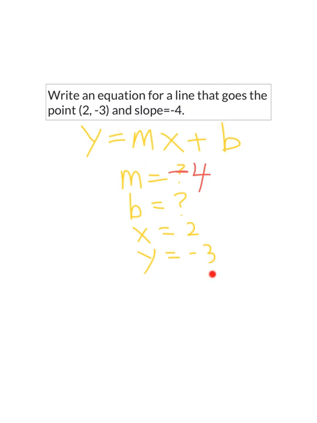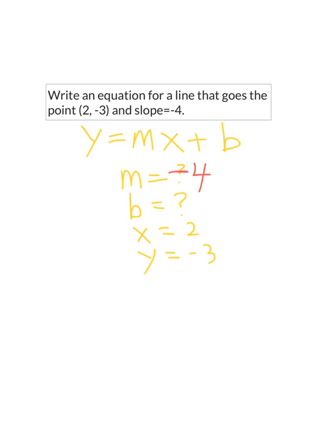I can use all of this information that I have here, and I can plug it into this equation that I have here, and I will have only one unknown, which is b, and then I can solve for b. That's got to be it.